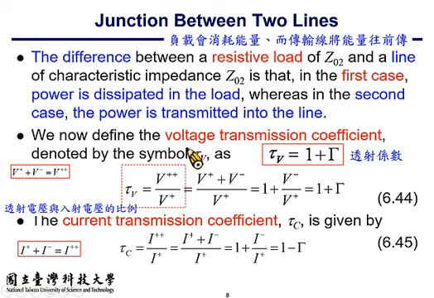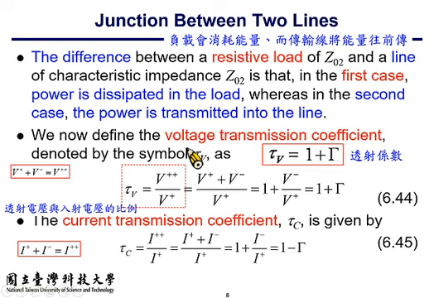In this slide, we introduce another new parameter, that is the so-called transmission coefficient. And as the name suggests, you can imagine it's closely related to the reflection coefficient. And in fact, the transmission coefficient can be expressed in terms of the reflection coefficient. So here's the expression, which is shown here, and it's not that difficult to memorize.